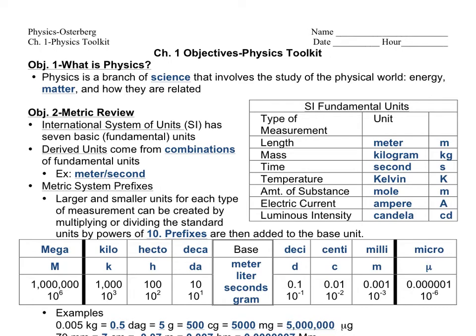So the metric system has these prefixes that we use. They have larger and smaller units for each type of measurement, and they can be created by using these prefixes. So we'll use those to transfer from one to the other. And it's quite a bit easier than our English system, trying to think about how many ounces there are in a pound and that kind of thing. Like all those little conversions, they're hard to remember. In fact, we don't even know our own system.